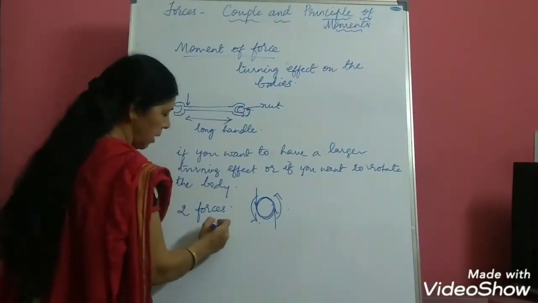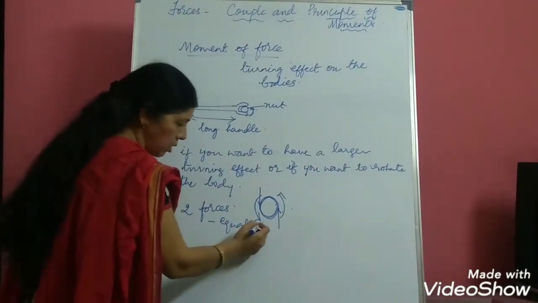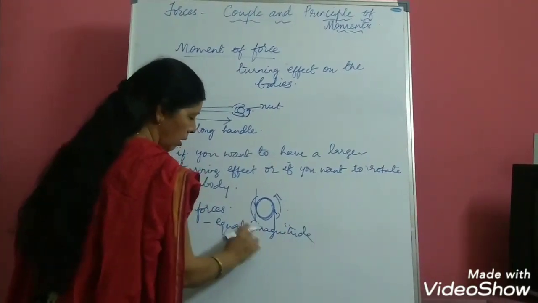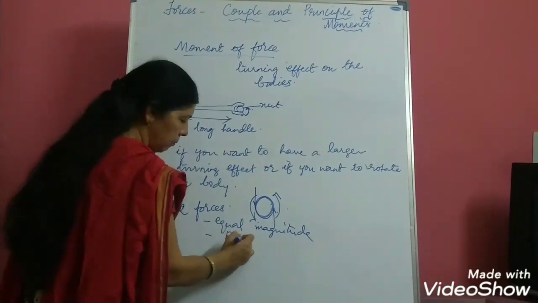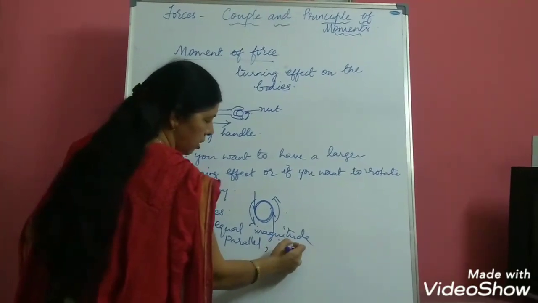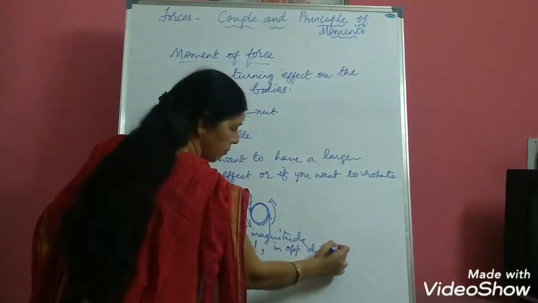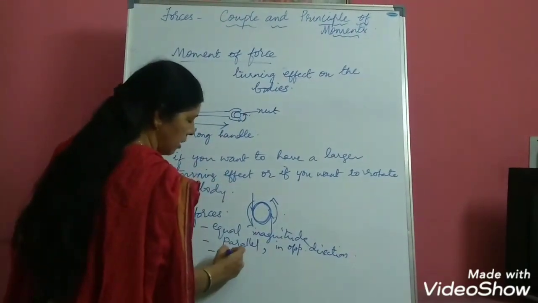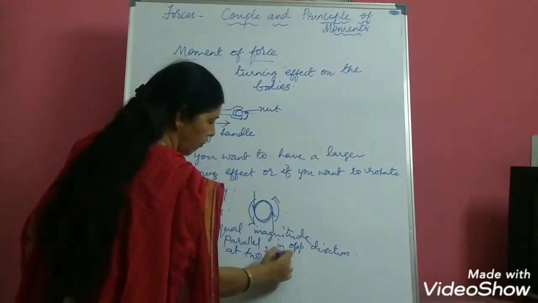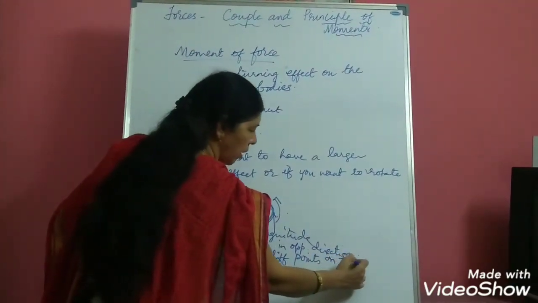These two forces must be equal in magnitude, they must be parallel, they must be acting in opposite direction, and they must act at two different points on the same body.